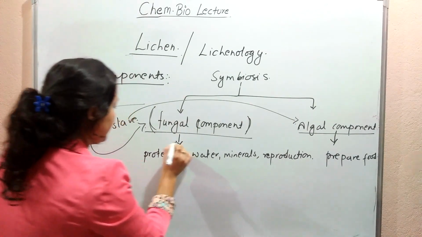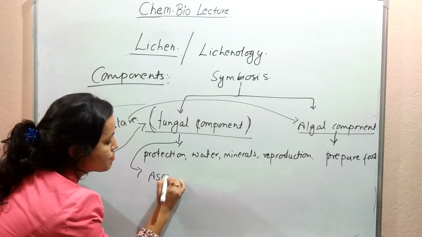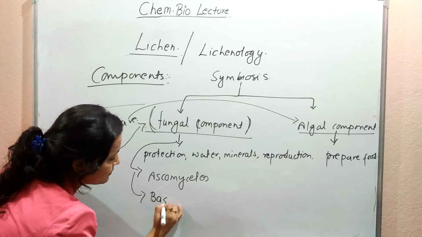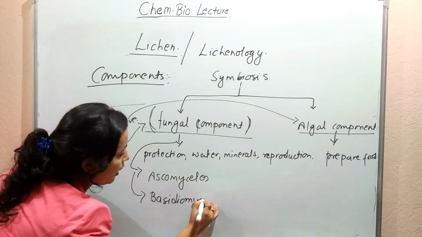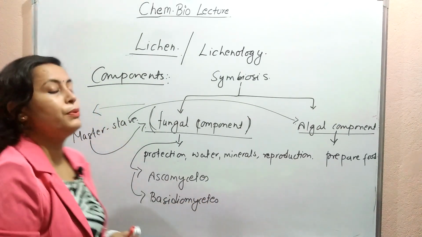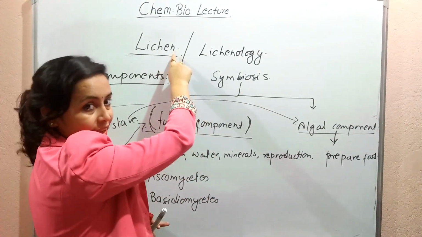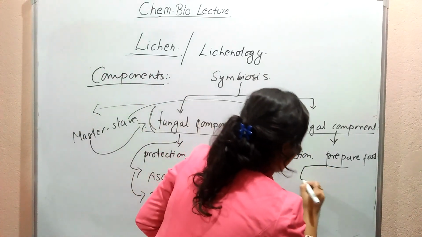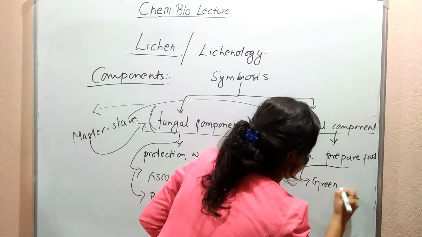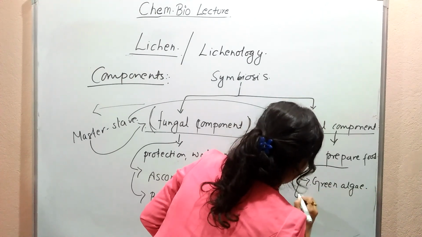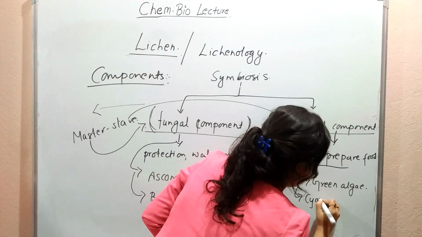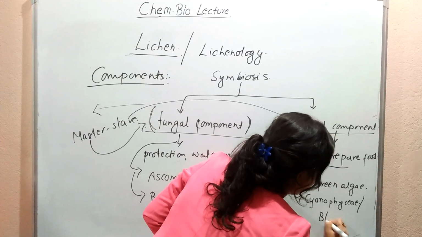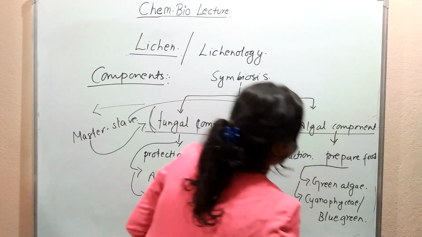Basically two groups: ascomycetes and basidiomycetes are found to be in association with algae. In the case of algae, basically the higher algae, that is green algae, and the next one is cyanophyceae, or blue green algae, form the association.